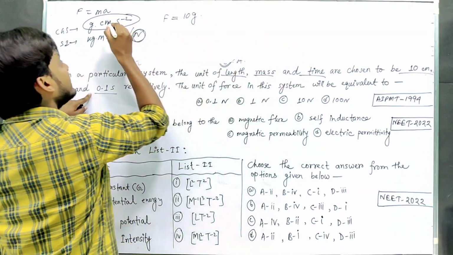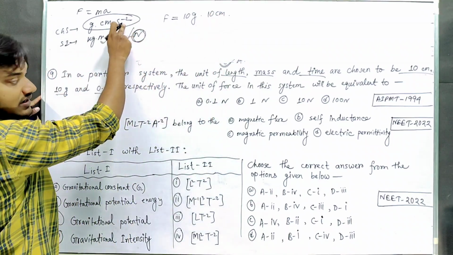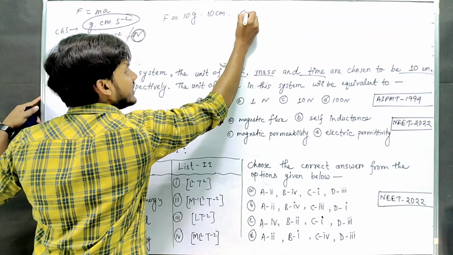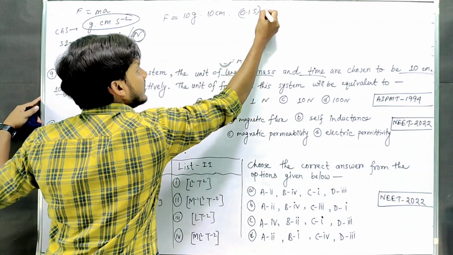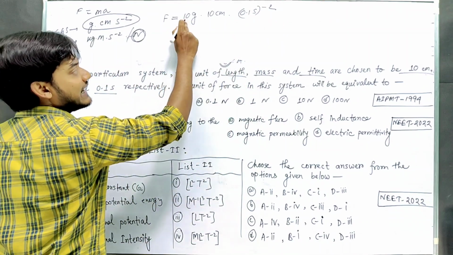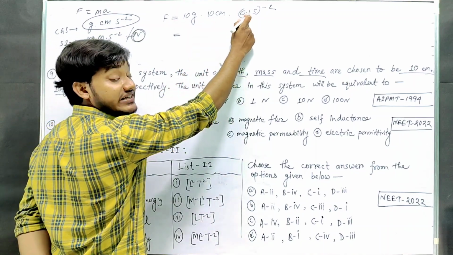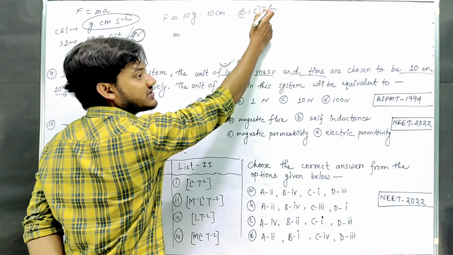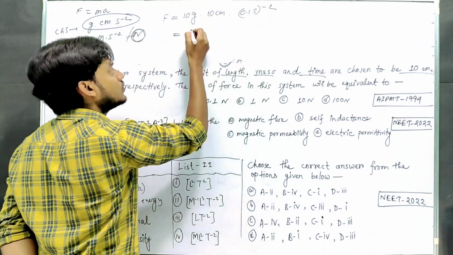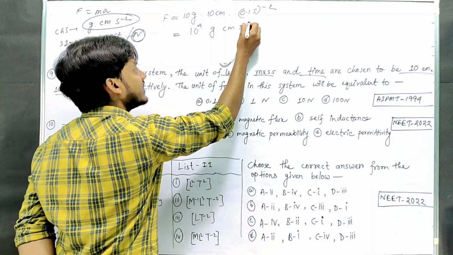Cm, 10 cm. Second means 0.1, so you write 0.1 second inverse 2. If we calculate it, 10 times 10 is 100, and 0.1 means 10 to the power minus 1, so minus plus, 10 to the power 2 becomes 10 to the power 4 gram cm second inverse 2.